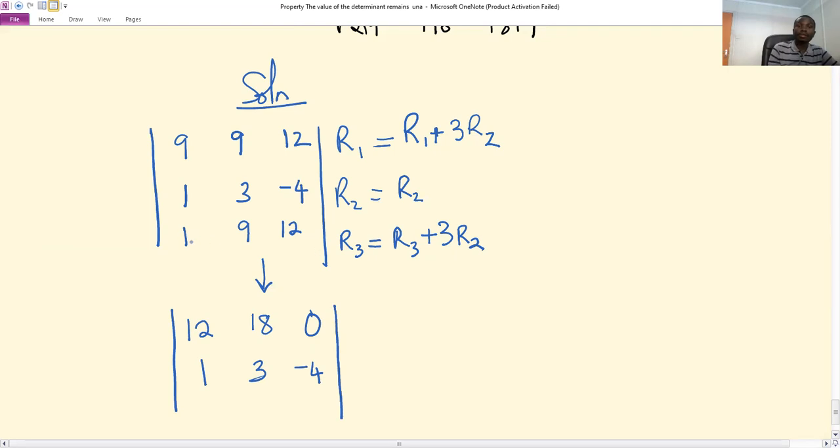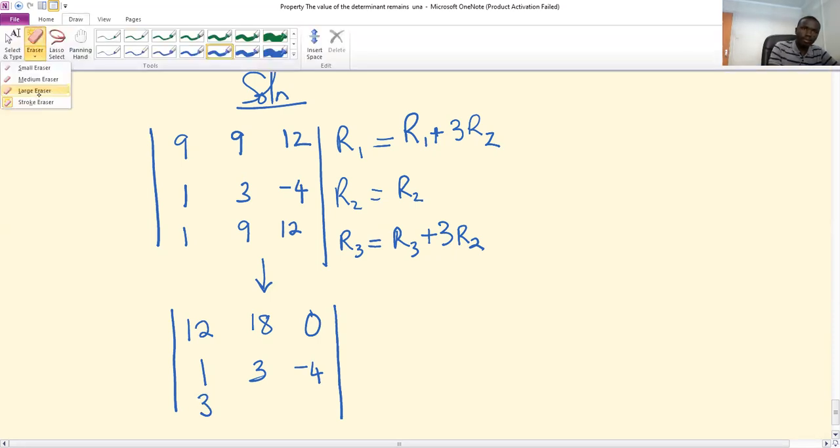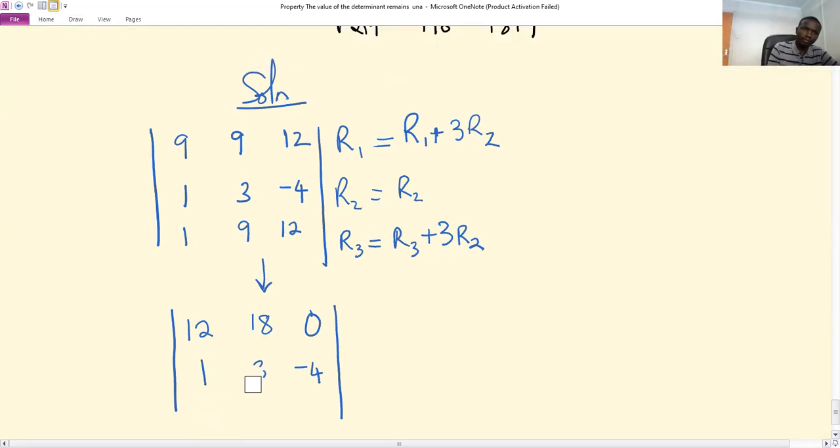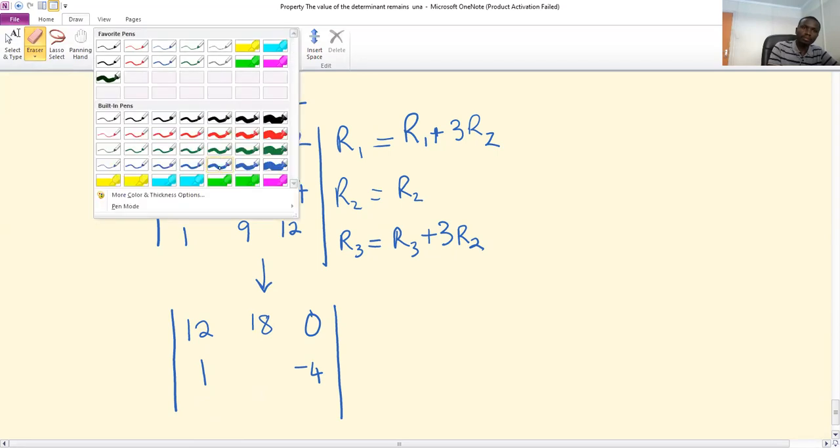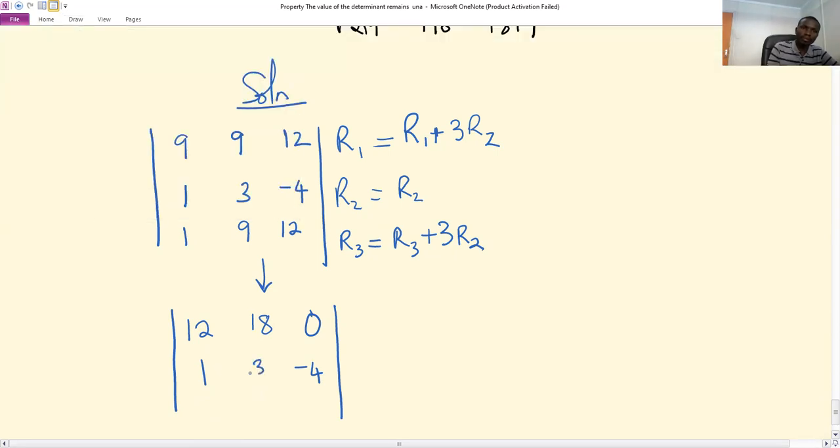And for row 3, 1 plus 3 times 1 is 4, not 3, so 3 plus 1 is 4. Then 9 plus 3 times 3 is 18. 12 plus 3 times minus 4 is 0.